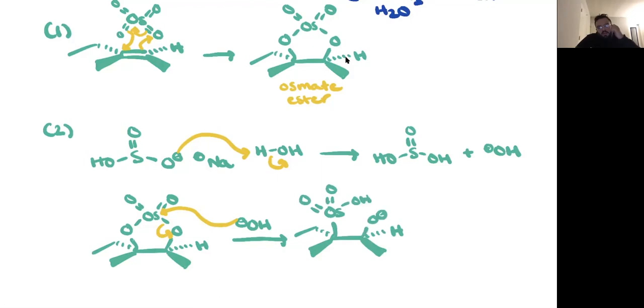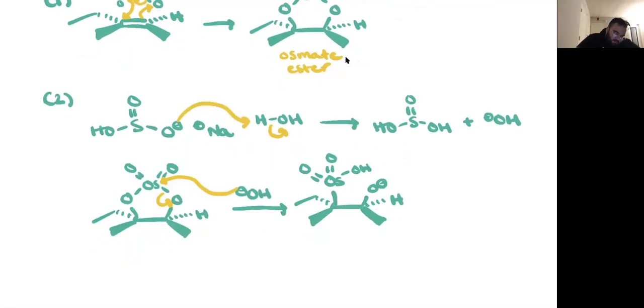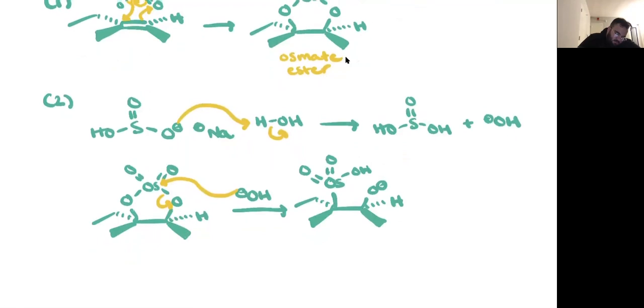Then you get the oxyanion that you see over here. Then take your other hydroxide and do the exact same thing. Yeah, I missed the oxygen over here. My bad. Cool. There we go. Much better.